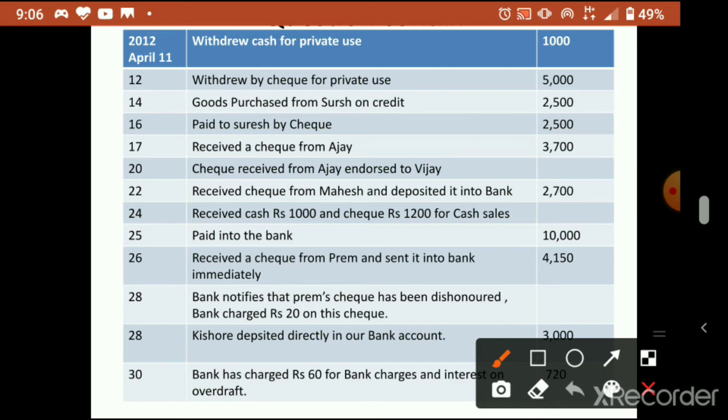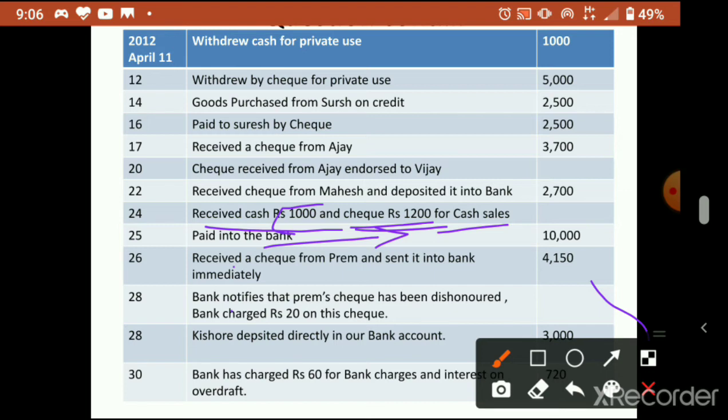Okay, next is paid into bank 10,000. Sorry, this one I was telling. Received cash rupees 1000, check rupees 1200. Means we did sales for cash only, but we received cash 1000 and check 1200. Paid into bank, we deposited into bank.